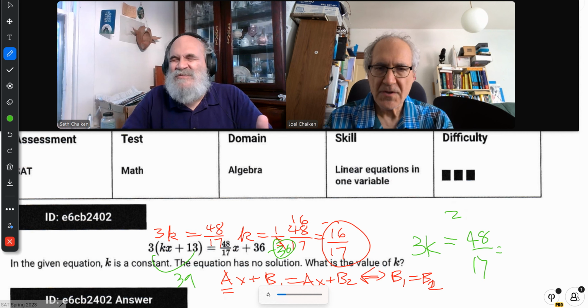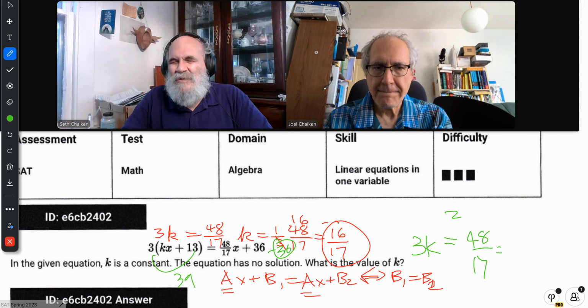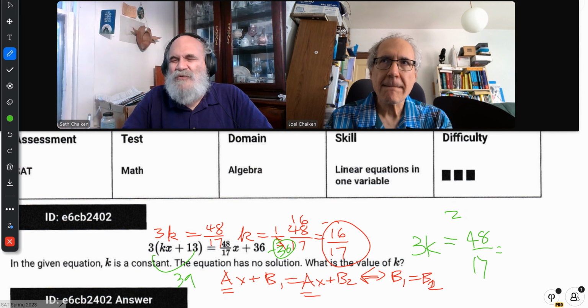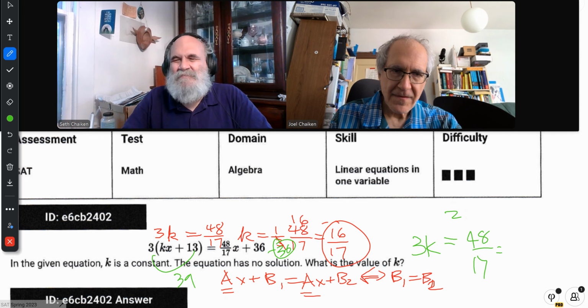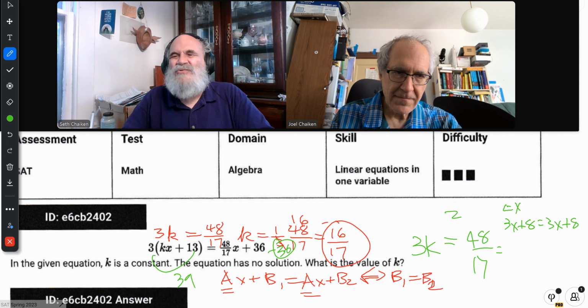And when the two constants are the same, it has infinitely many solutions. Every value for x is a solution. When the two constants b1 and b2 are different, then there's no solution, because the equation is never true. So that's the principle.